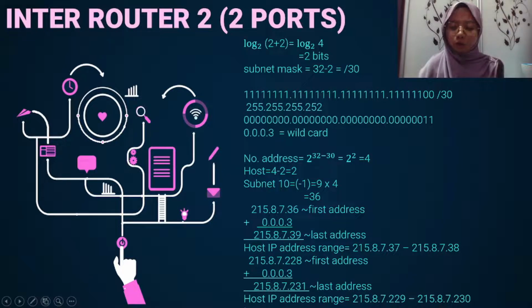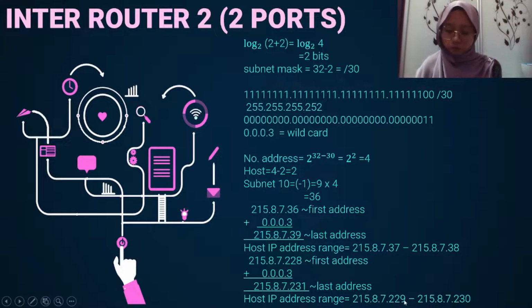So our host IP address range equals 215.8.7.229 to 215.8.7.230.